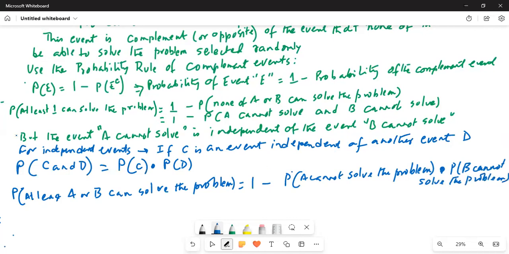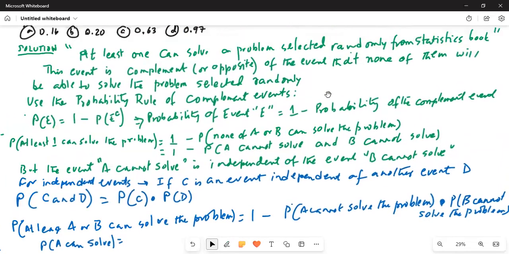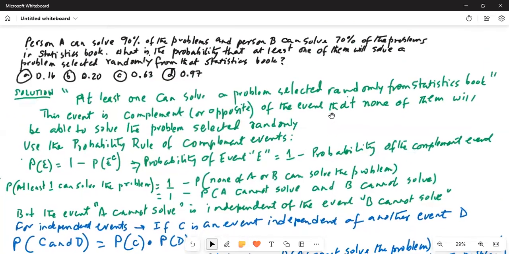Now it is given to us probability of A can solve the problem is 0.9, right? Now let's go back and check on that. Yeah, 0.9.